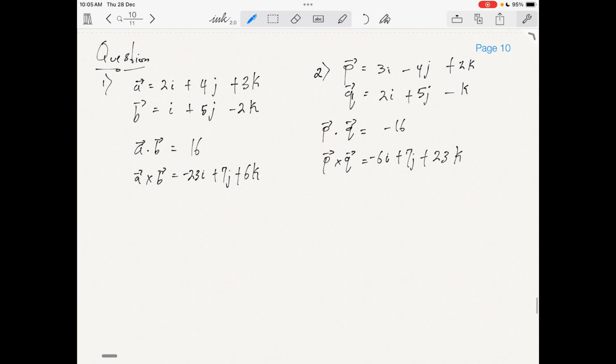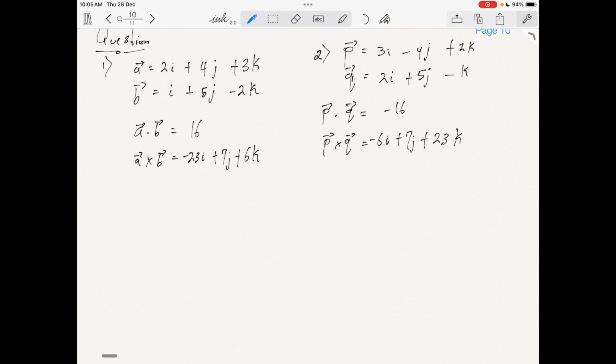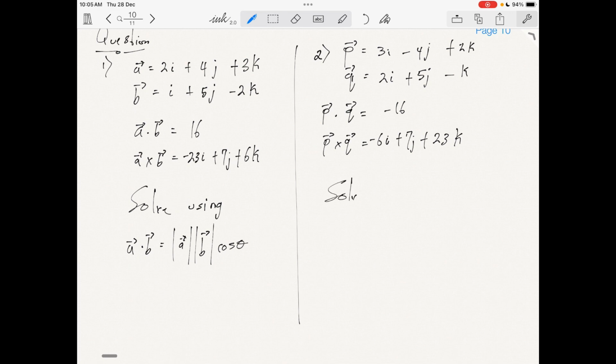Now we will solve this. We will solve the first one using the formula of dot product, that says A dot B is equal to the modulus of A modulus of B cos theta, and we will solve for the angle also using the formula of the cross product.